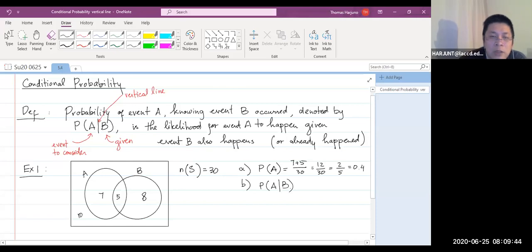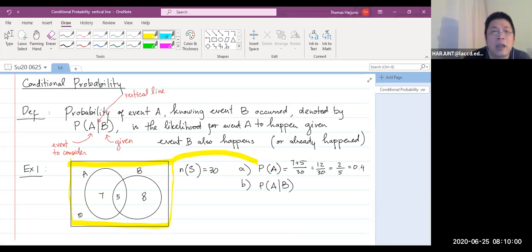When we compute this probability, we are not selecting from the whole Venn diagram anymore. Selecting from the whole Venn diagram is the first case. The second case, given B, means we only select from B.